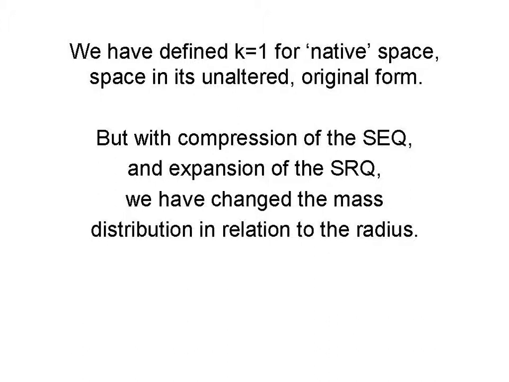And we assume self-similarity, that is, the quanta are like the whole. So we've defined that k is equal to 1 for a native space in its unaltered original form. But we're going to make the claim that compression of the small energy quanta and expansion of the small radius quanta changes the mass distribution in relation to the radius.